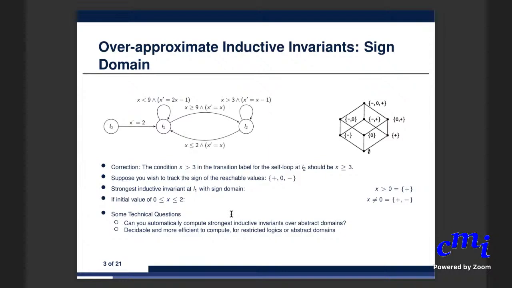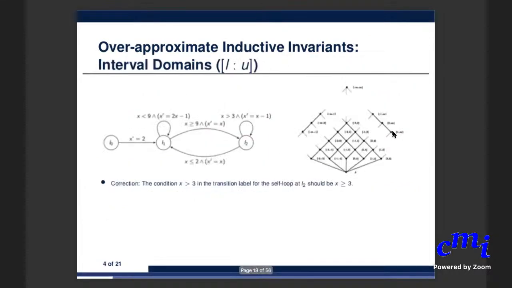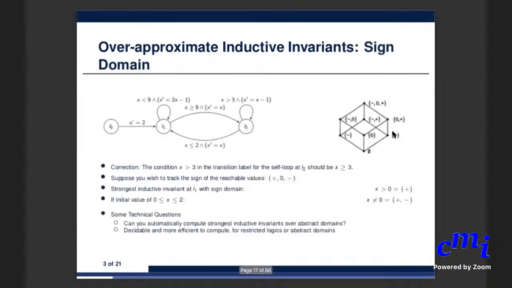They are extremely popular in the software industry, and they've also been used for DNN verification. And one of the tools that we will be exploring in this course will be doing verification by computing inductive invariance in such abstract domains. Okay, any questions there so far?